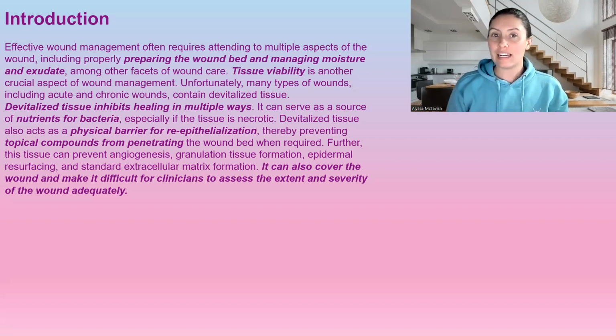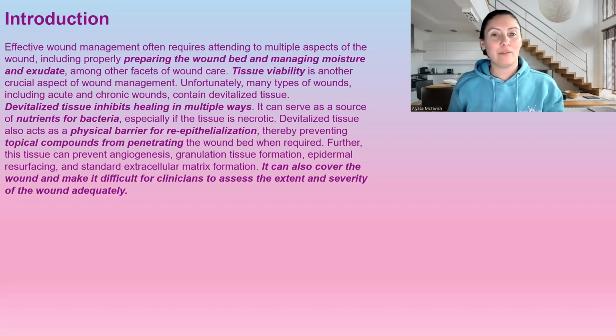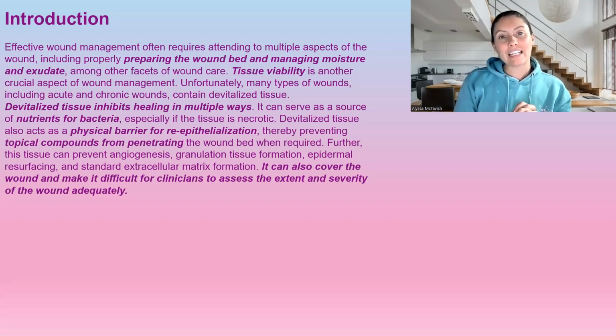And then if we're using any topicals on top of the wound, it's not going to penetrate through that non-viable tissue. Okay, so we can't treat a wound if it has non-viable tissue on top, because then we're not actually treating the wound.